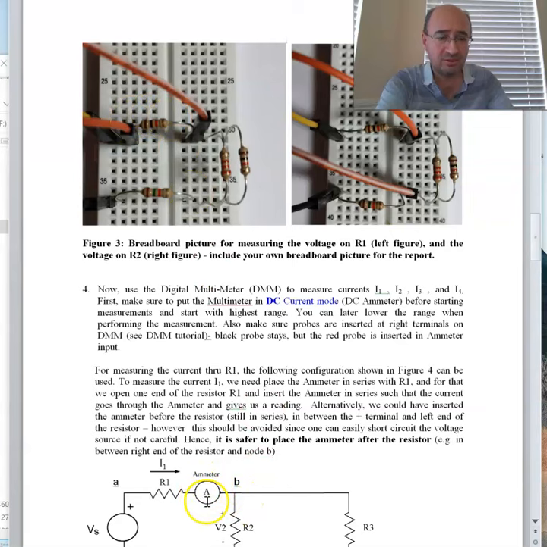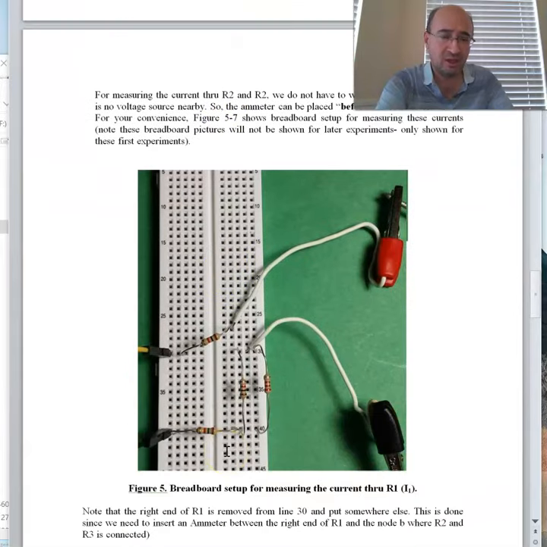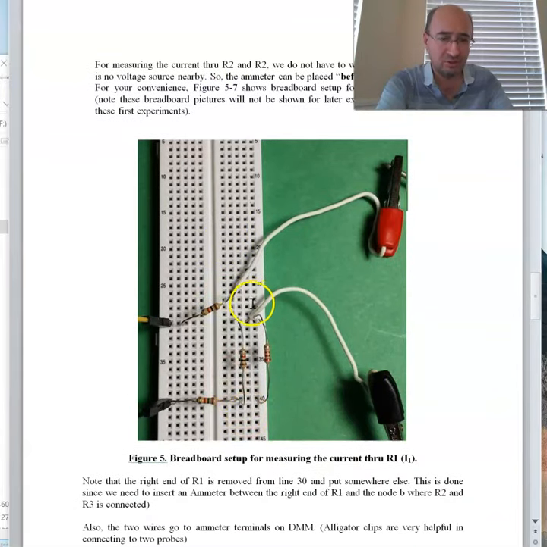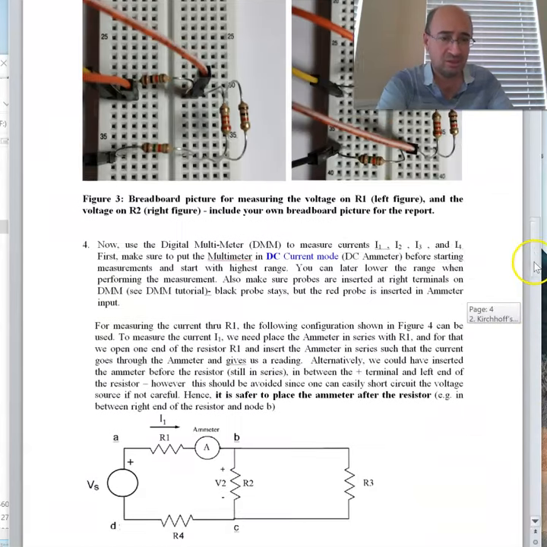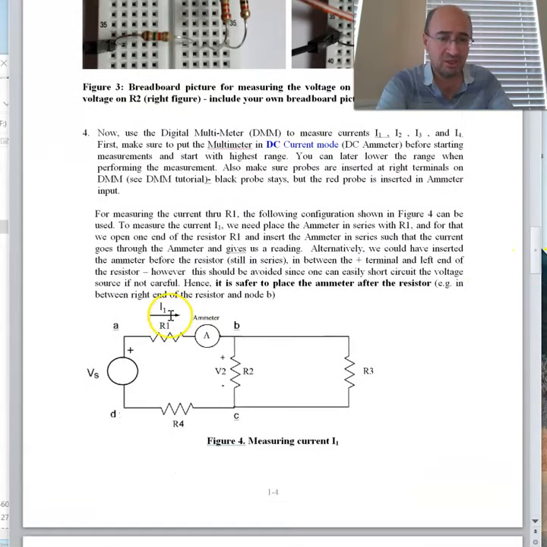So this is the external multimeter running in ammeter position. You should start with the highest range, of course. This is showing how an external multimeter in ammeter position is connected to measure the main current, in our case I1.